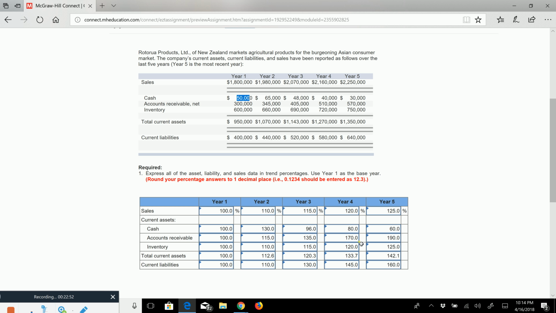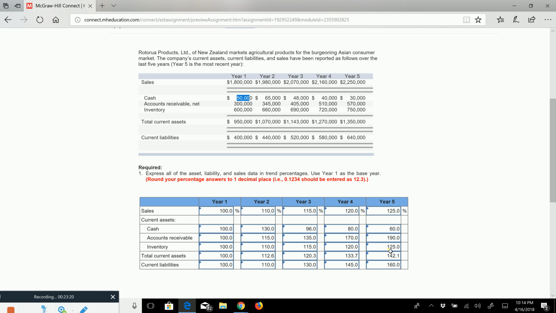Accounts receivable is growing. Because sales are growing, we would expect accounts receivable to grow as well. But the receivables are growing way faster than the sales are. This is not good. This means we're making sales, but we're not collecting in a timely manner. This could eventually lead to higher bad debts. We don't want that to happen.